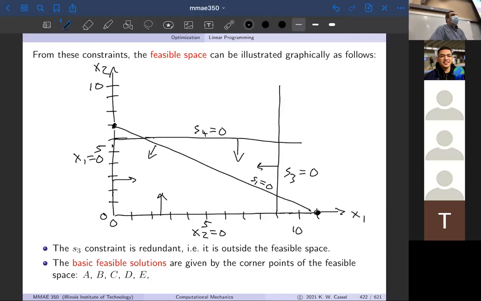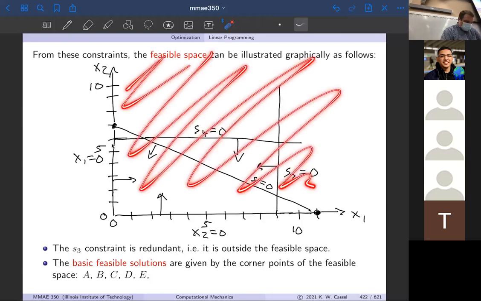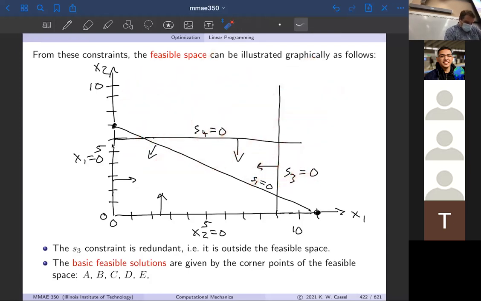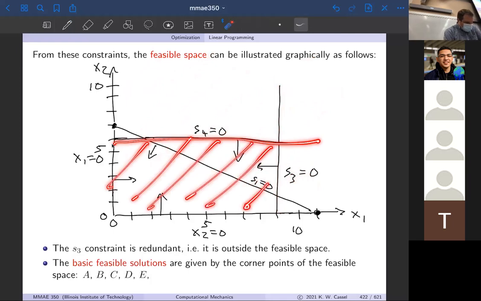So you can see that every time I add one of these, I'm restricting the feasible space. The feasible space is getting smaller. With the positivity constraints, the feasible space was anywhere in the first quadrant. Then I incorporated these 2 constraints, and then my feasible space is this rectangle.